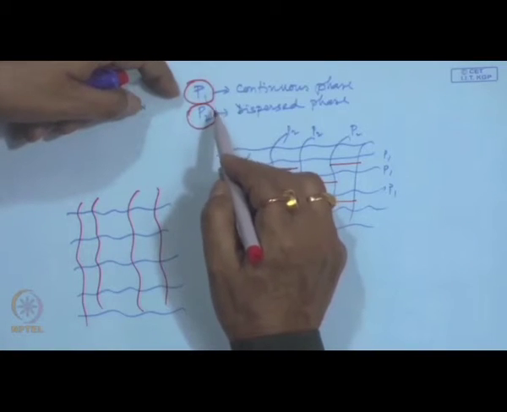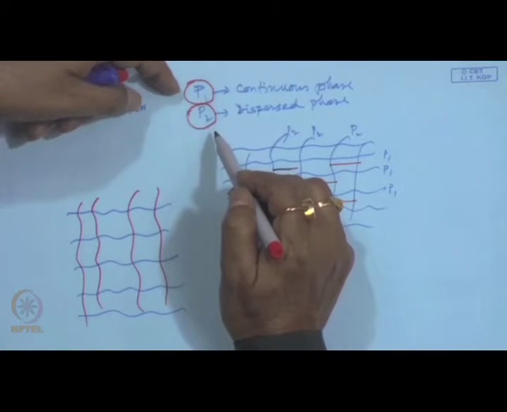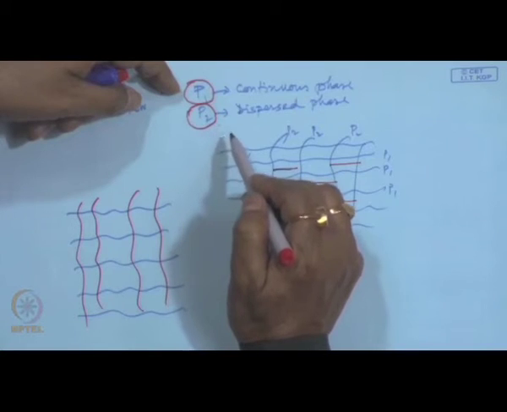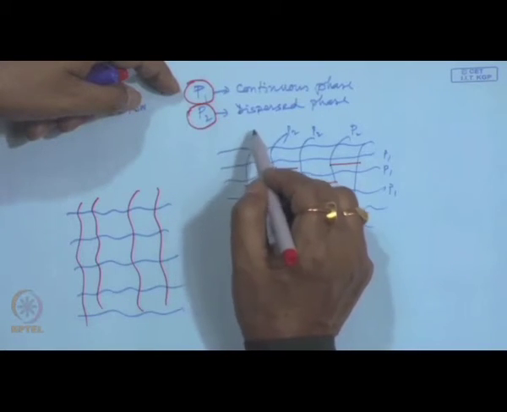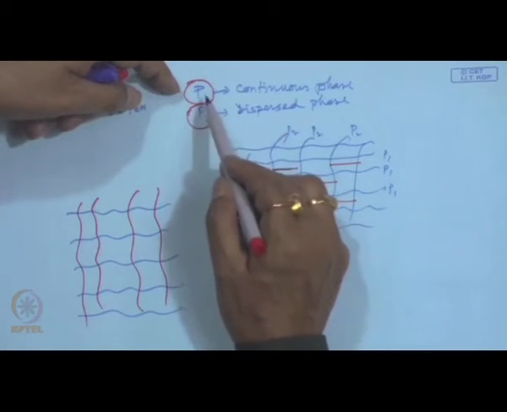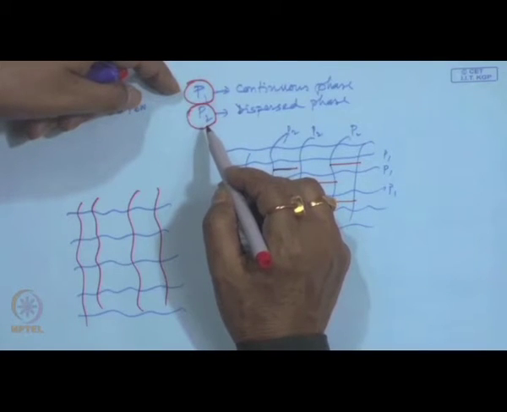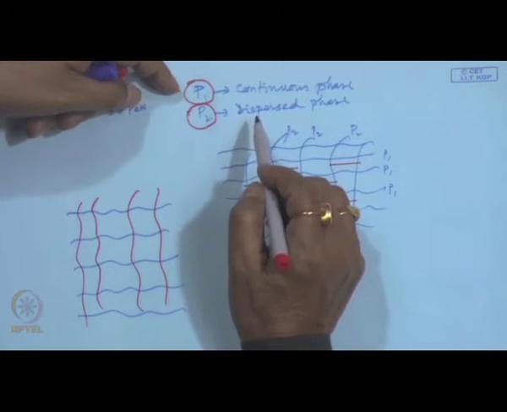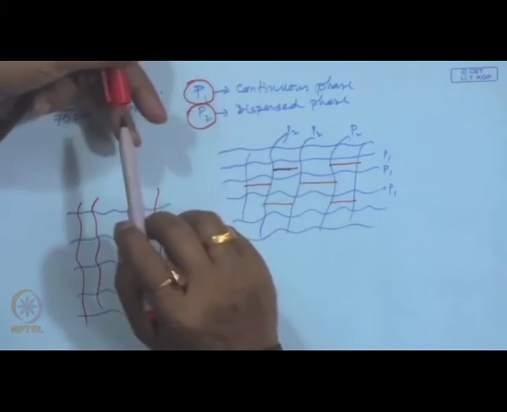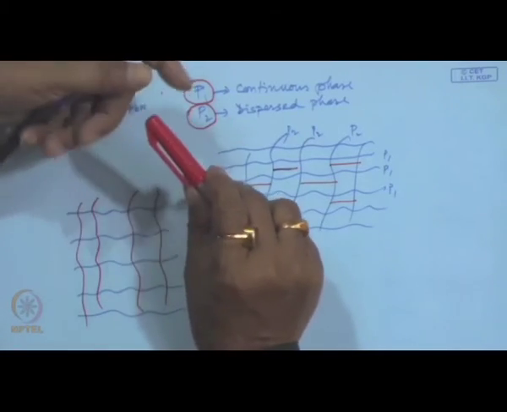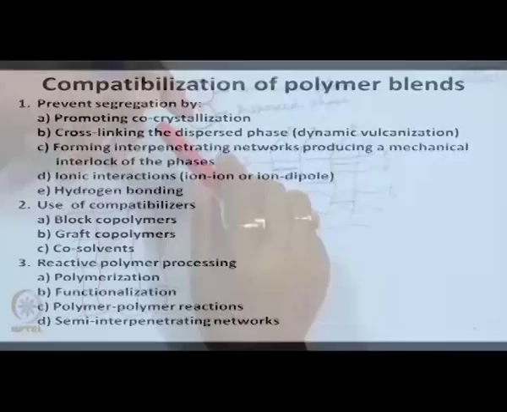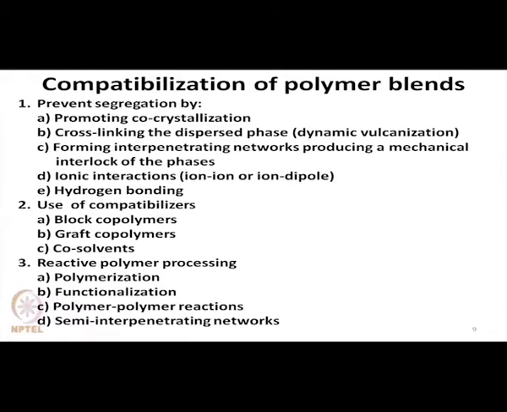That means the ionic groups of P1 and P2 are not identical, they are different, but since they are ionic, positive or negative ions, the positive ions of P1 can interact with the negative ions of P2. That is called ion-ion or ion-dipole interaction, which can also stabilize the two different phases in a blend of two component polymers.